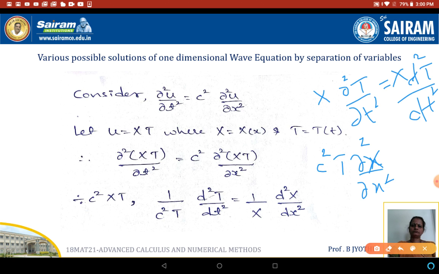So when we divide by c² XT, only 1/X d²X/dx² remains, and it will be c² T d²X/dx². This is what we will be getting. Hope it's clear.